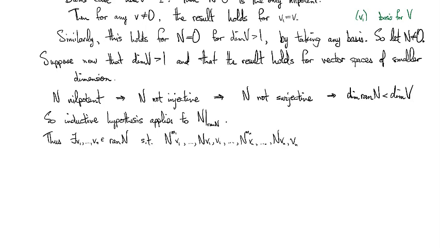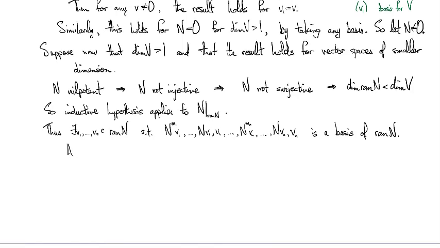Then this is going to be a basis of the range of n. Okay, and then we can also see that if we take n to the m1 plus 1 and apply it to v1, then that's going to equal 0, and that's going to be true for all of them. That's because this is the second part of the inductive hypothesis that we are assuming.